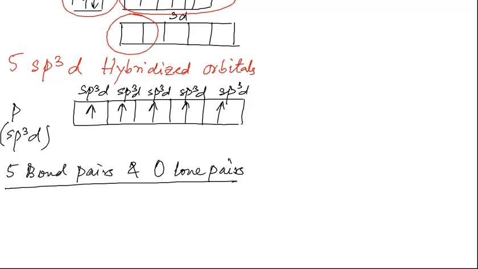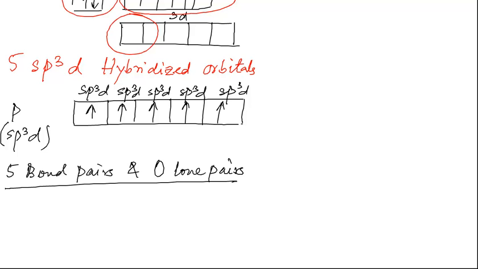Now these hybrid orbitals are oriented towards the corners of a trigonal bipyramid, in the sense that 3 orbitals form a plane directed towards the corners of an equilateral triangle with an angle of inclination of 120 degrees, and the other two are oriented at right angles to the plane of the triangle, above and below it. Therefore, it is also known as trigonal bipyramidal hybridization.